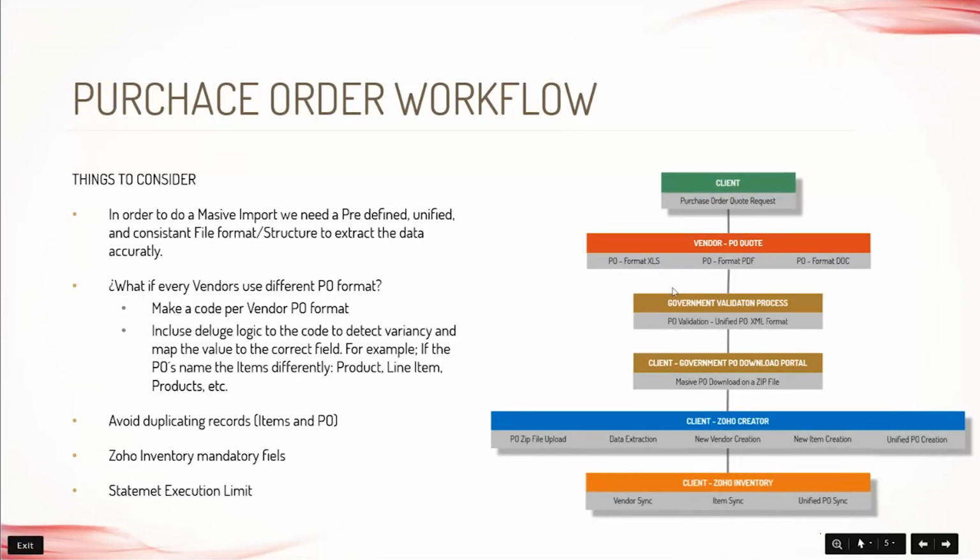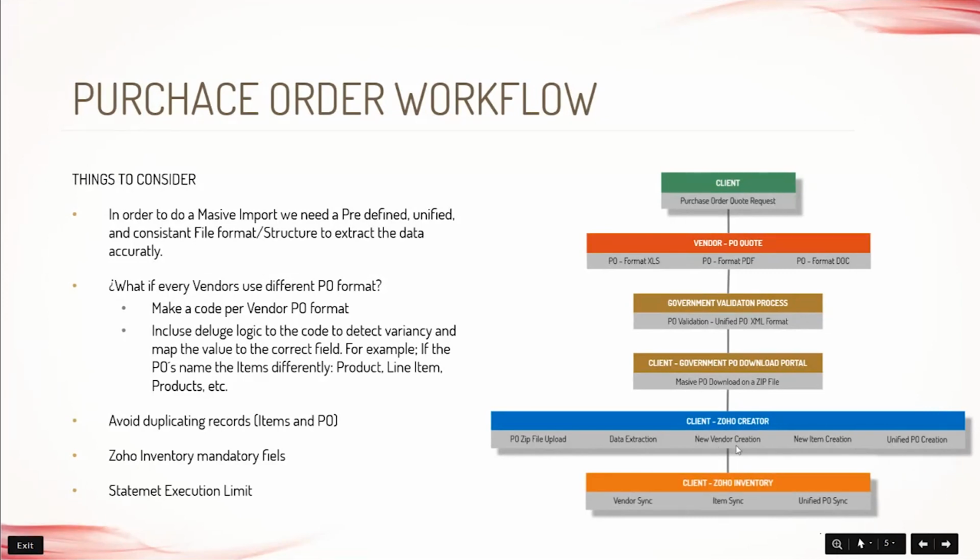Okay, so once we have a unified file format to import, then we have these functions where we are going to upload all of the invoices in one shot, right? Then we're going to extract the data from those invoices that we uploaded massively into the system, right?